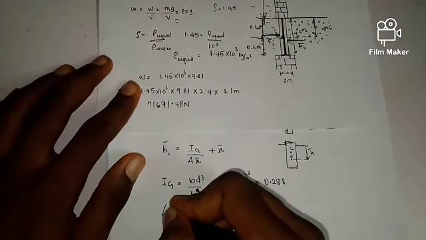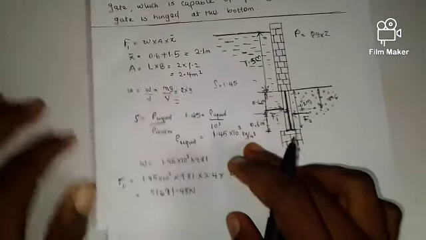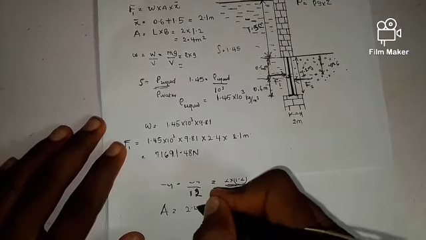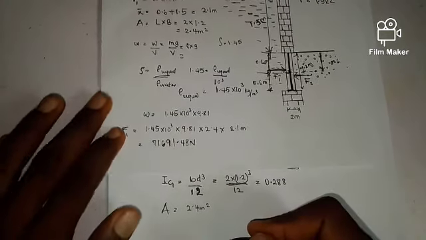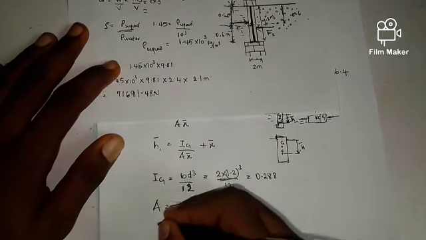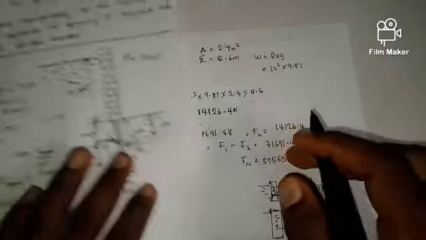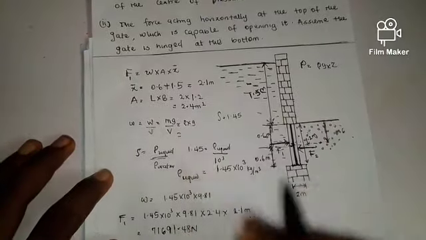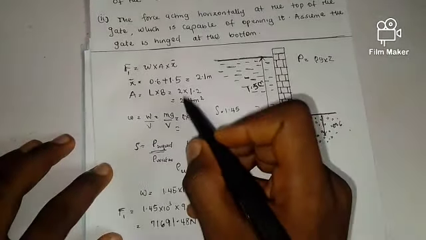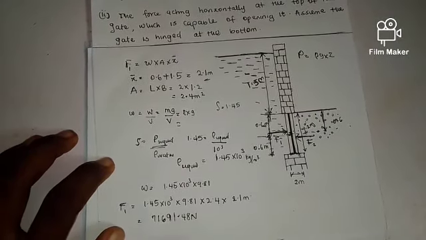Then the area of my gate, which I previously calculated as 2.4, I can write as 2.4 meters square. Then my depth, which is X bar, remember we are considering the first side of this liquid. So my depth is 2.1.